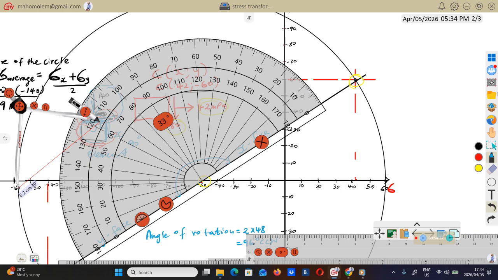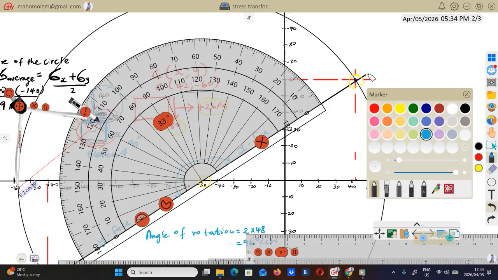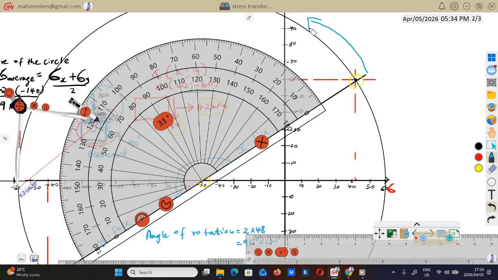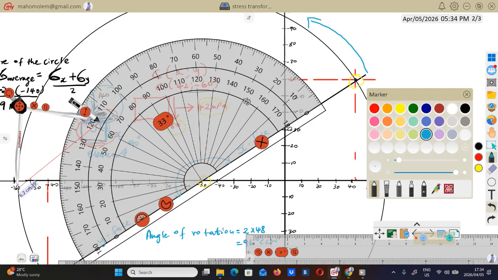That is good. So we're going to measure an angle from here, which is 0, to 96, going in an anti-clockwise direction. So we'll have 10, 20, 30, 40, 50, 60, 70, 80, 90. What is that angle? 96. So 96 will be somewhere here.